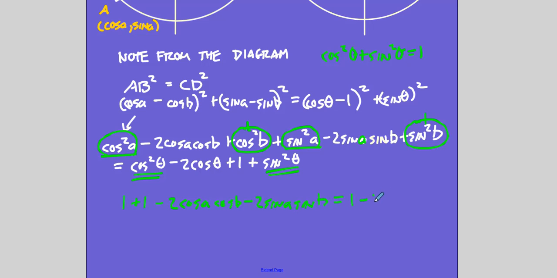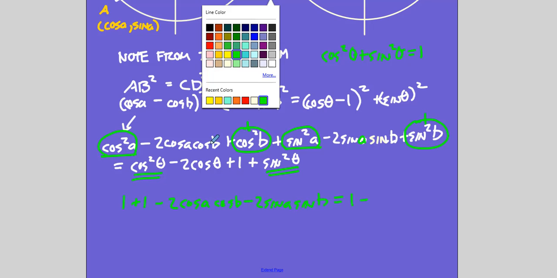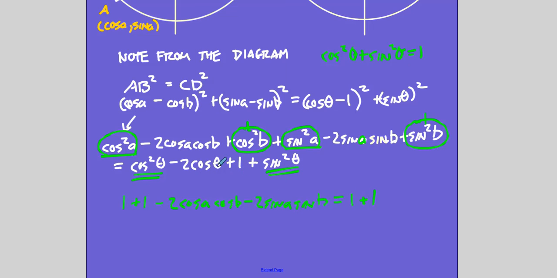So I have 1, and then I have another 1 right there. Let's just put that in while we're at it. And then I have minus 2 cosine theta.